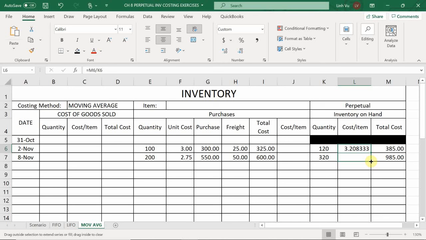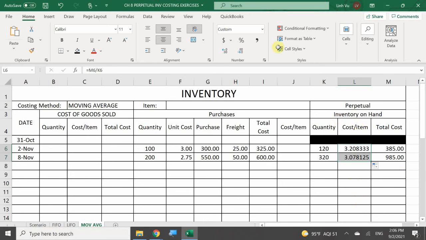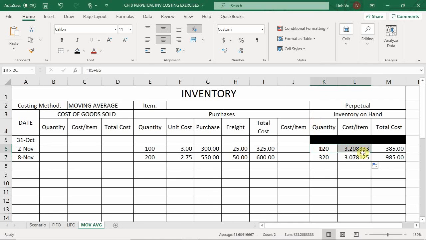So 3.78125. Good. All right. Now, again, we're going to block off this portion.